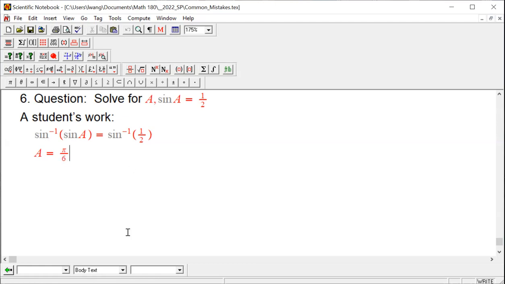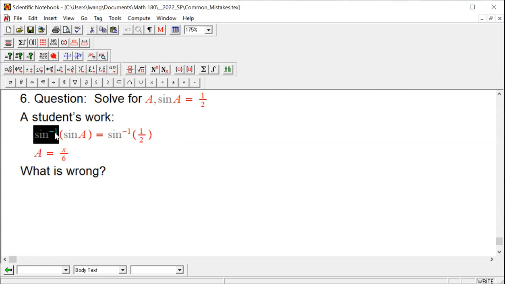In this case, it's a terrible, horrible mistake because, what is wrong? Because these two functions are not inverse to each other. Okay?